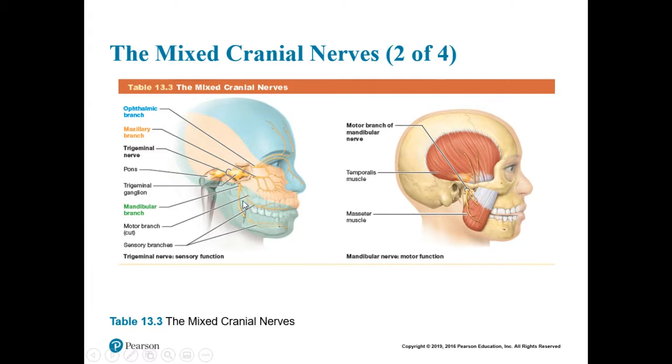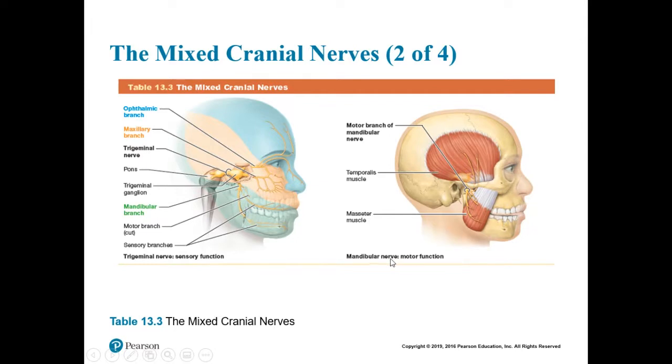And then the mandibular branch right here, which sends out its divisions right into the mouth, right? So the entire insides of the oral cavity, if you will, in terms of sensory function, is controlled by the mandibular branch. So this is not motor, this is sensory only.